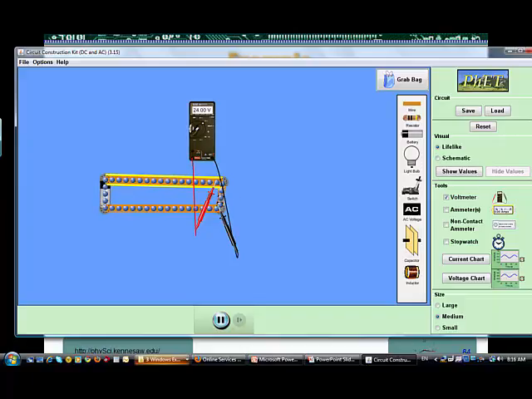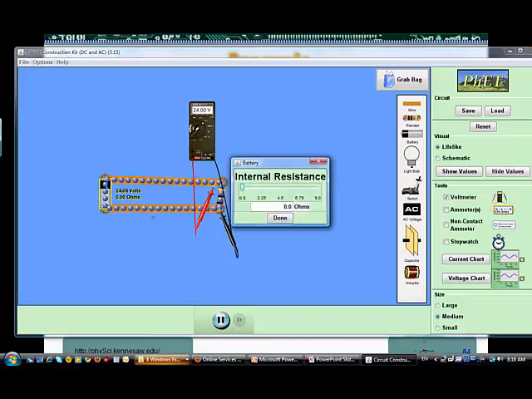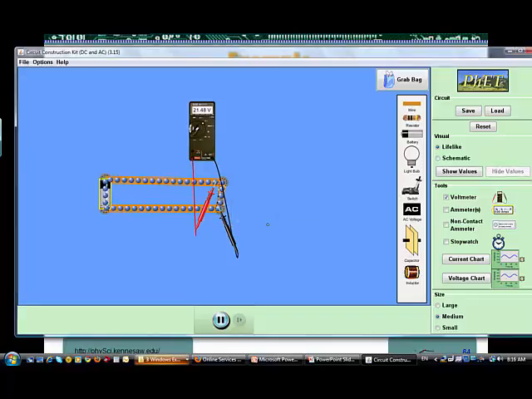Now the first question that we worked on the previous recording was, what if the battery has an internal resistance? Okay, so change internal resistance, and in that particular case I believe we put 1 ohm. Let's type it. Okay.